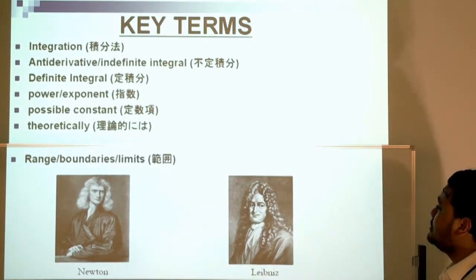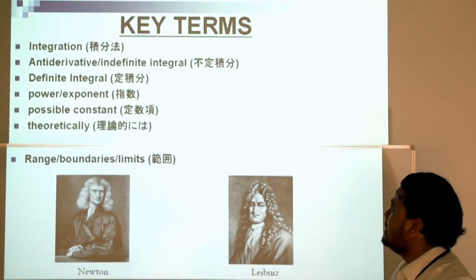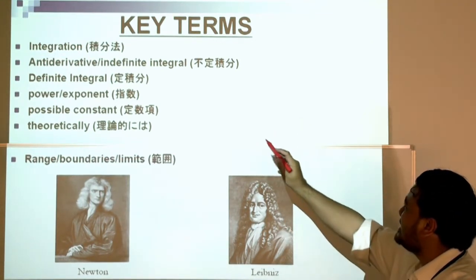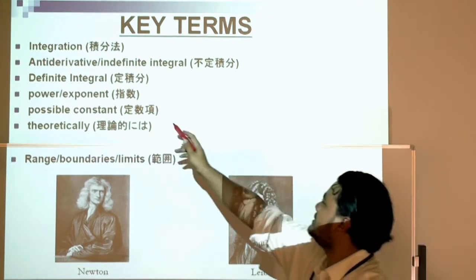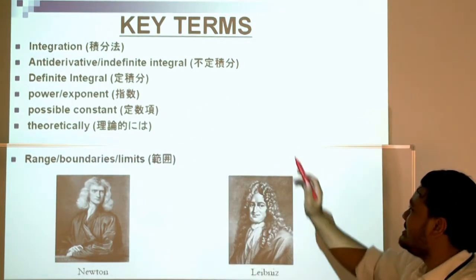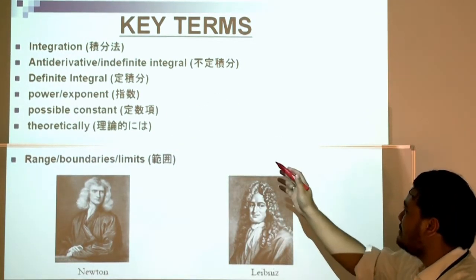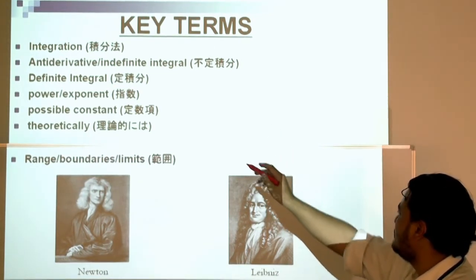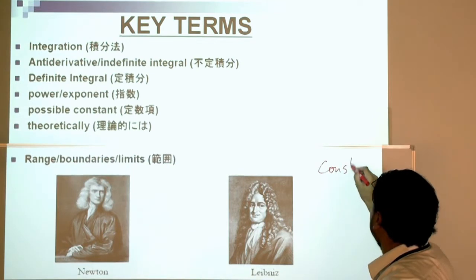Our key terms for today on integration are: integration, the antiderivative or indefinite integral, which have the same meaning; the definite integral; powers or exponents; a possible constant. The key word there is constant.